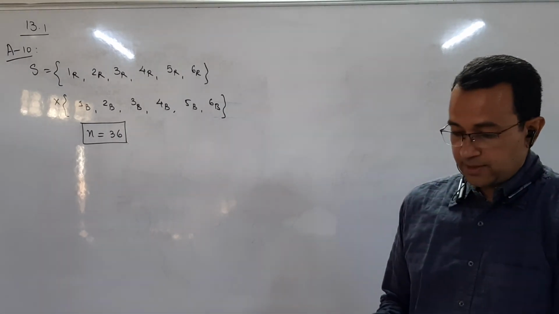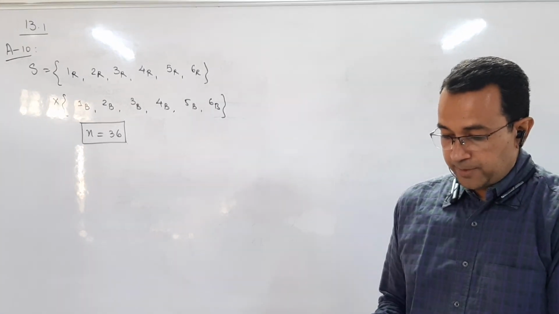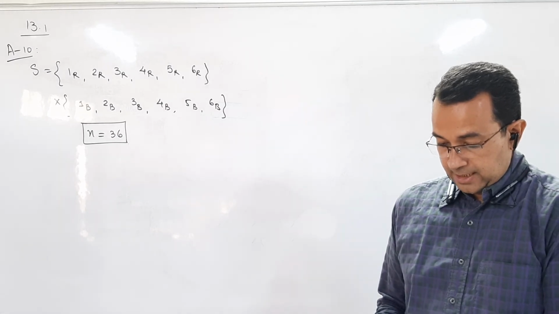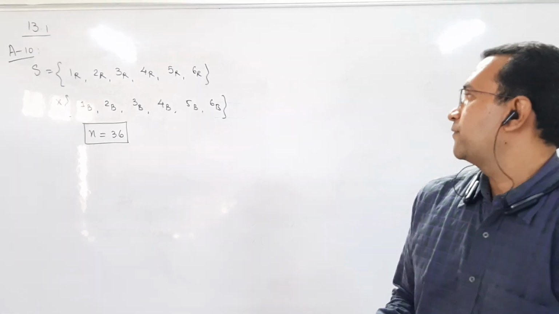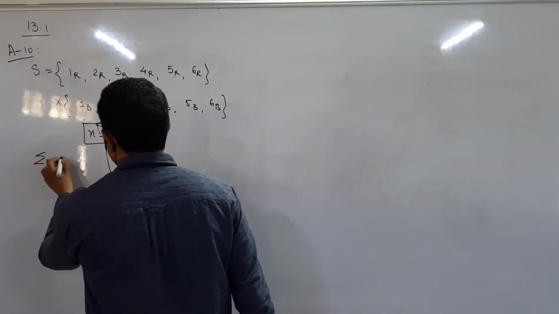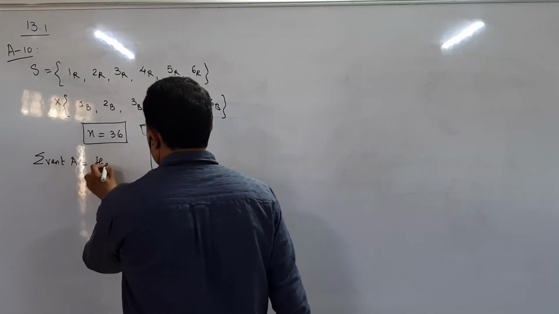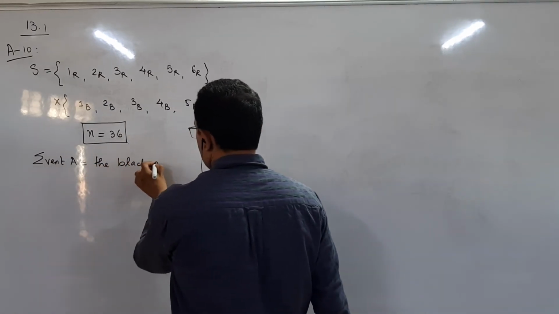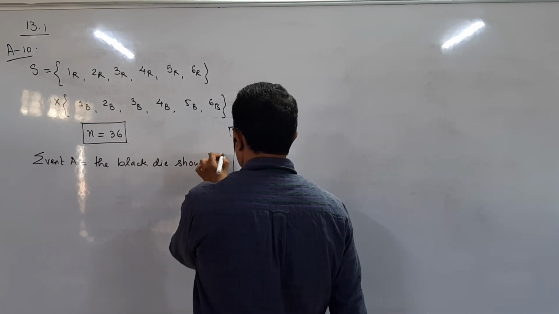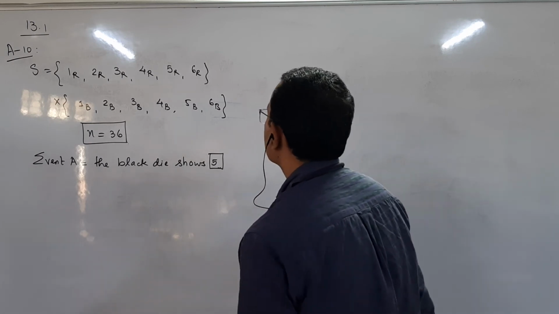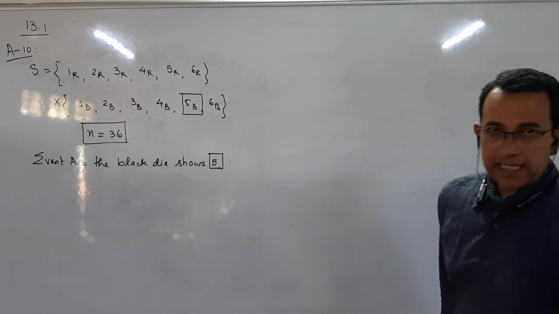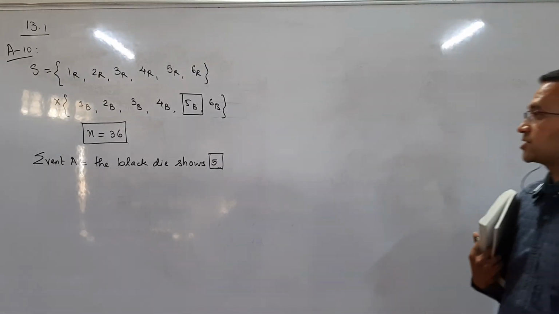Now, the first part of this one. Find the conditional probability of obtaining a sum greater than 9, given that the black die resulted in a 5. So, the base event, let me write as A, the black die shows integer 5, means 5B. With this, the red die can result in any of the 6 integers.